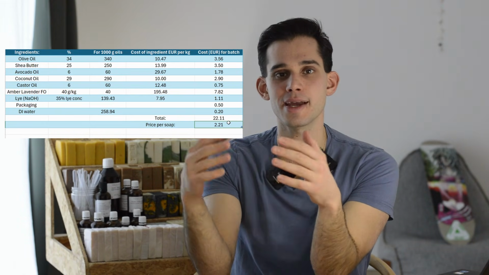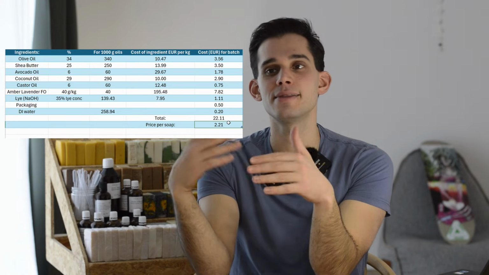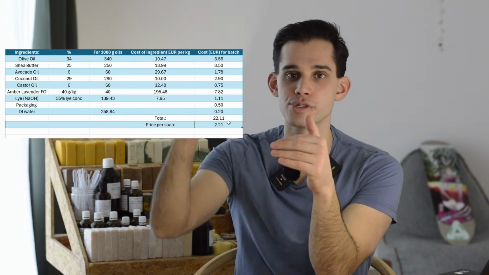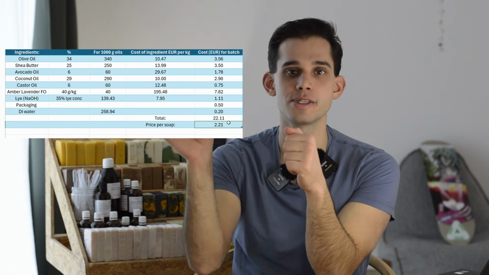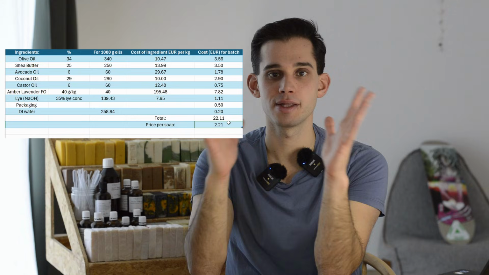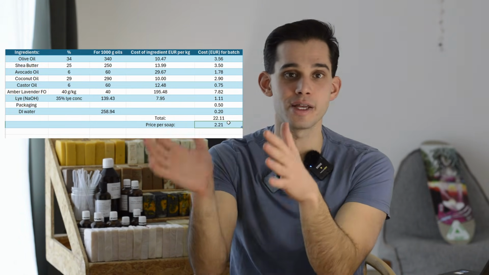If you were to make a huge batch of soap that is like 10 kilos of oils, then accuracy is not that important, because the error is way lower. So it's fine if you use a different scale that is not that accurate, but for this one, a digital scale will make the difference between amateur and professional soap.